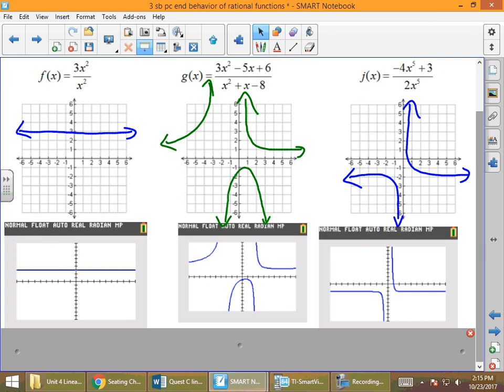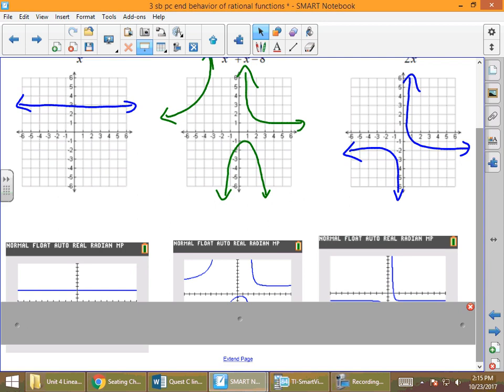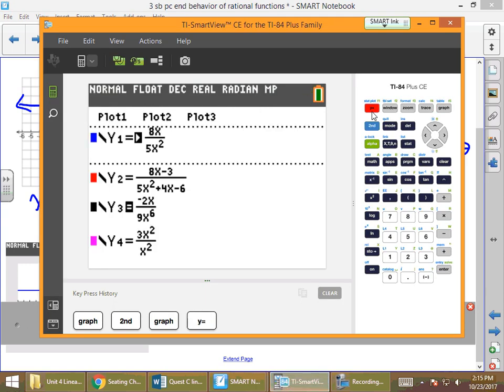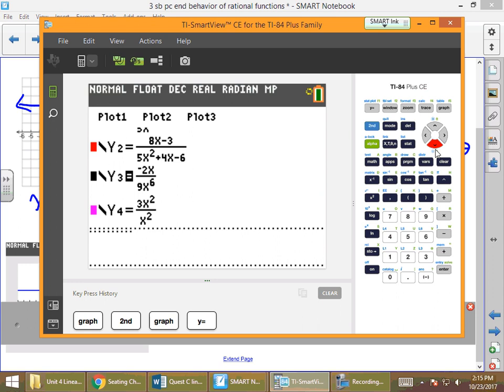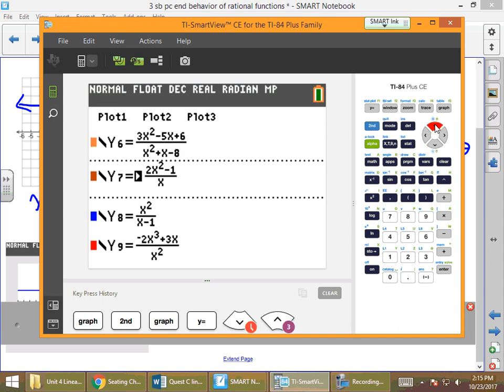What I wrote on my paper when I did this is, as x approaches infinity, what's y approaching? In this one, it's not even approaching, it's there. You can go back and look on the screen here in the calculator if that wacky stuff doesn't happen to you like it's happening to me.